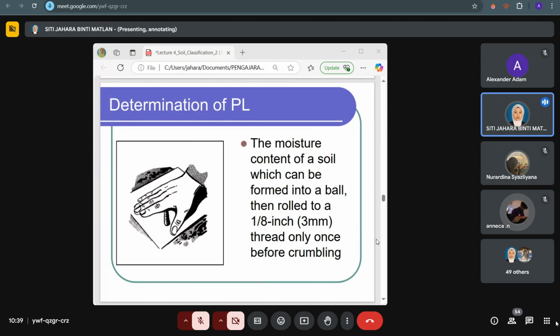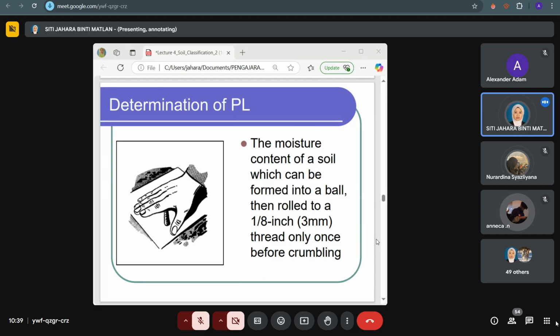The plastic limit is the moisture content at which the soil just begins to be plastic and starts to crumble. In this test, a portion of moist soil is rolled by hand into a thread on a glass plate or smooth surface.